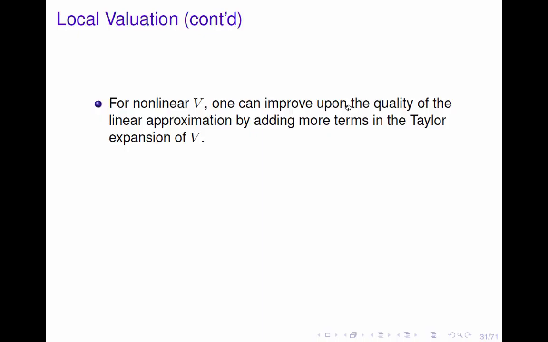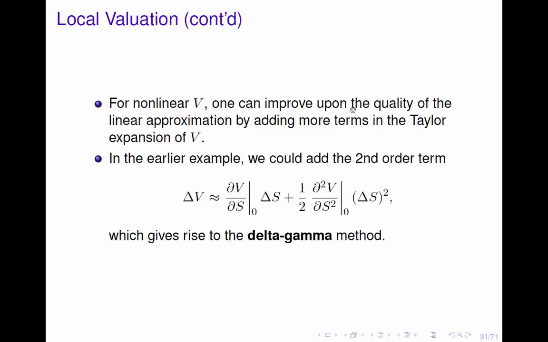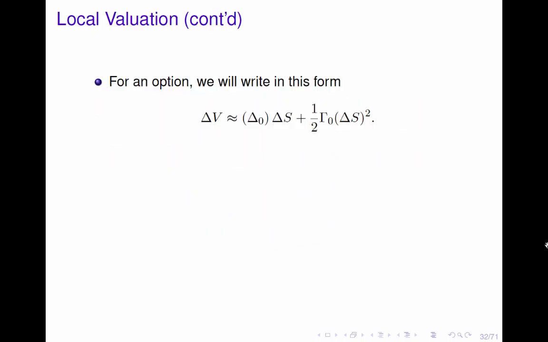For nonlinear V, one can improve upon the quality of the linear approximation by adding more terms in the Taylor expansion of V. In the earlier example, we could add the second-order term, which gives rise to the delta-gamma method. For an option, we will write in this form, where gamma 0 denotes the second-order partial derivative of V with respect to S at the initial position V0.